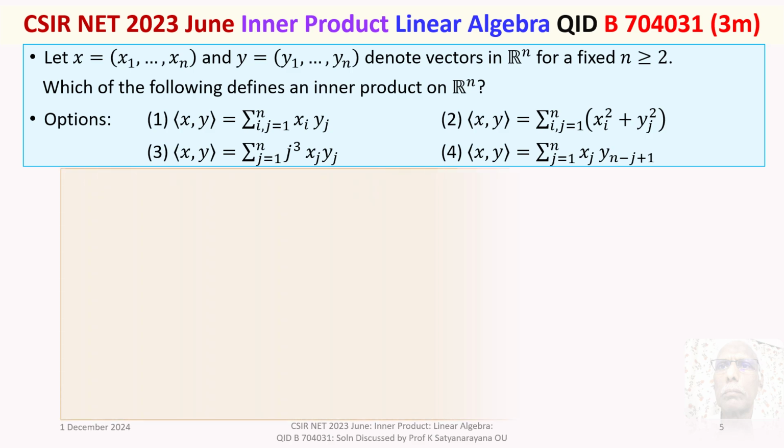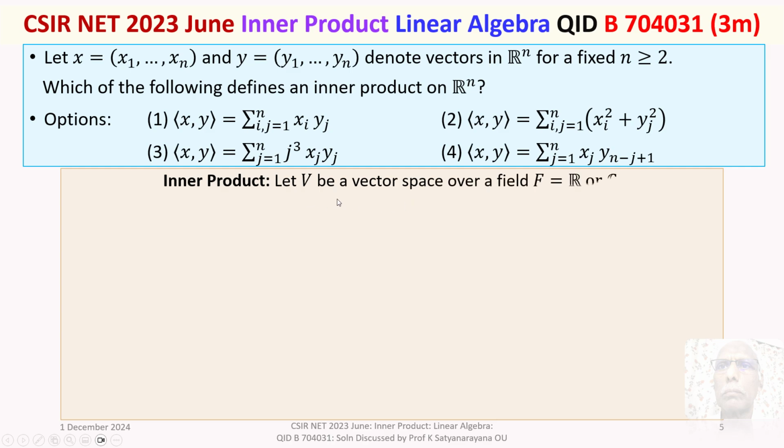We recall what an inner product is. We have V, a vector space over a field F of real numbers or complex numbers.